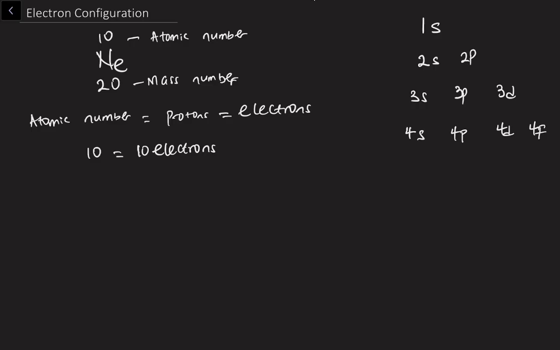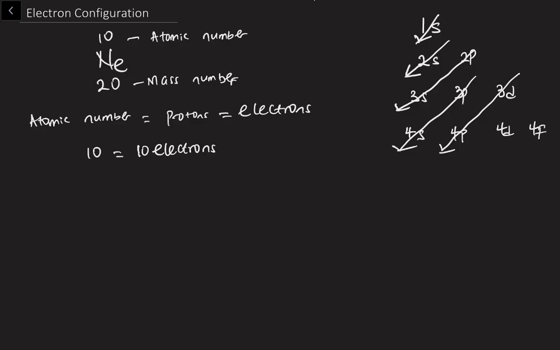When we enter electrons into orbitals, or when we write electron configuration, we start with 1s, we go into 2s, we go to 2p, and then 3s, 3p, and then 4s, 3d, 4p, and so on.